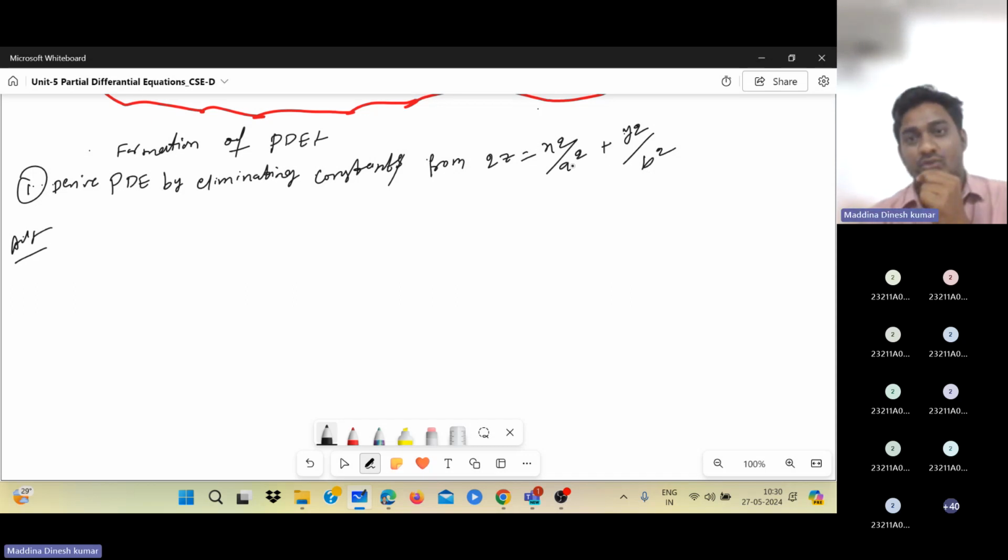In this, 1 by a square and 1 by b square are the constants. So we need to eliminate these constants.